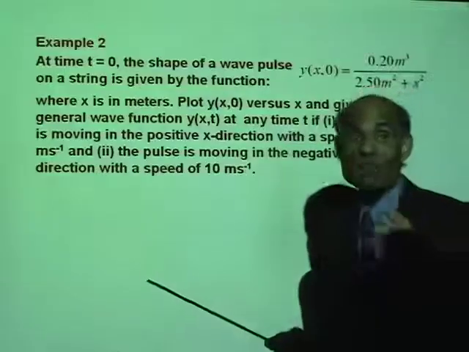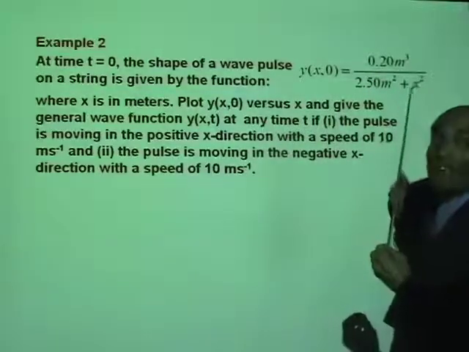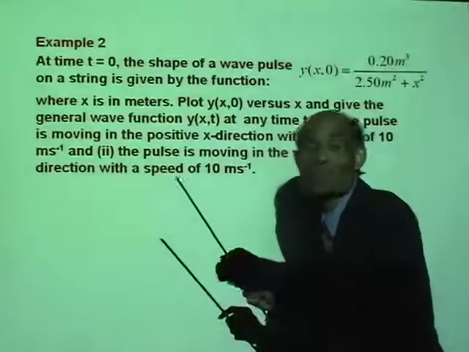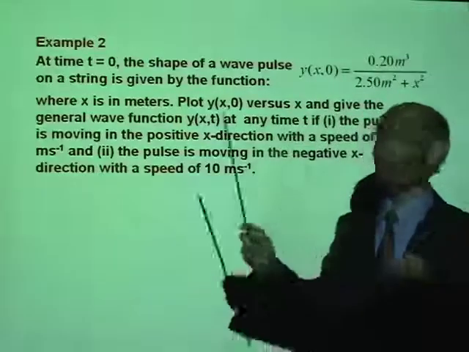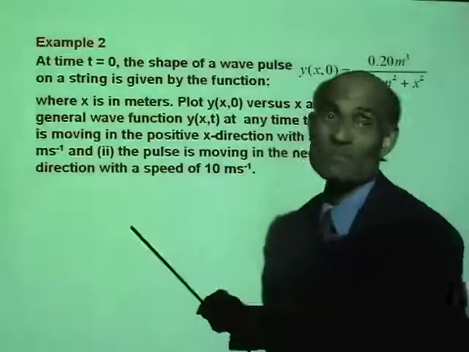For a wave that advances to the right, all we need to do is replace x by x minus vt. And for a wave advancing to the left, replace your x by x plus vt.